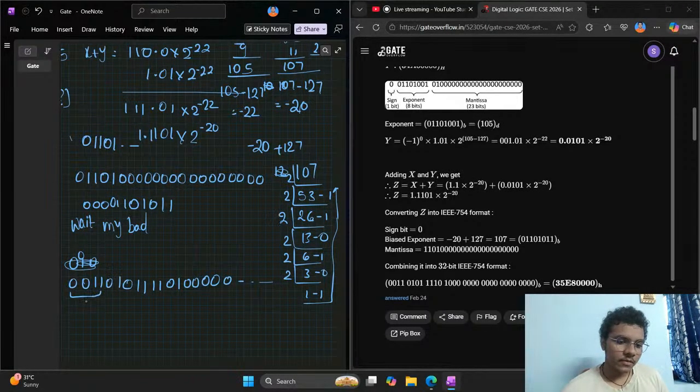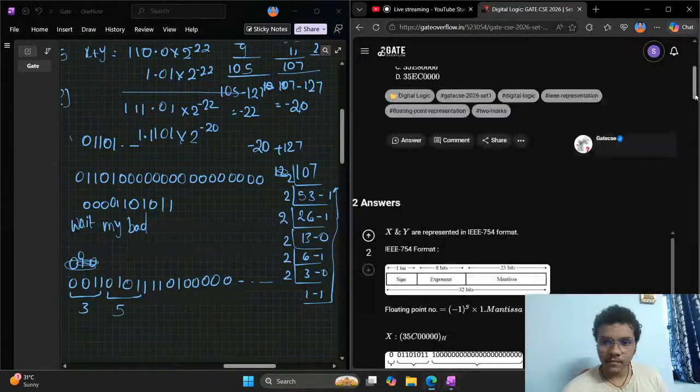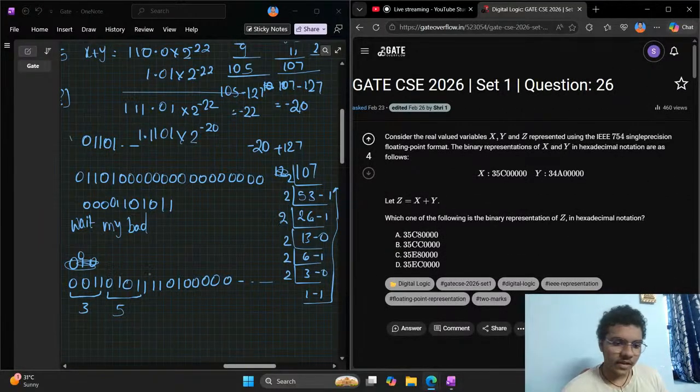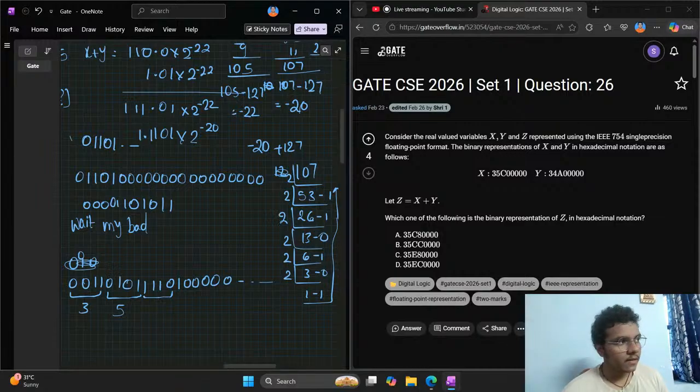So this is going to be the 3, and these 4 bits constitute 5. Okay, and this 4 bits, that is 2 plus 4 plus 8, that is 6 plus 8, that is 14. 10 A, 11 B, 12 C, 13 D, 14 E. How many options do we have?